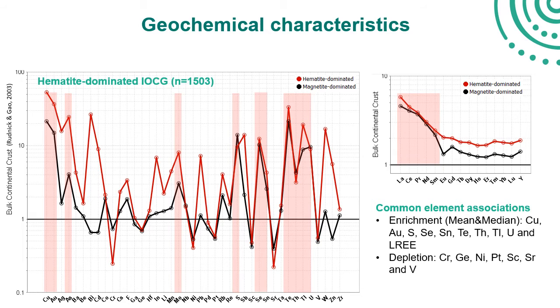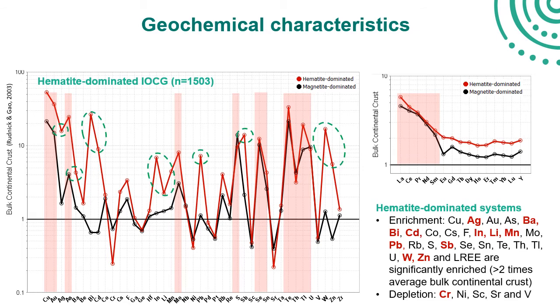So given these data include a range of host rocks and minor prospects and deposits, we'd argue that these elements are characteristic of IOCG deposits more generally, or at least in the Olympic copper-gold province.